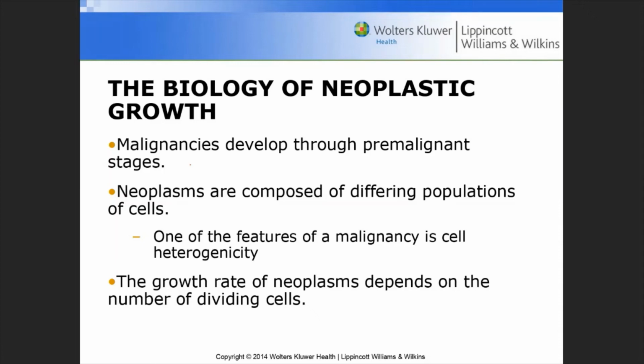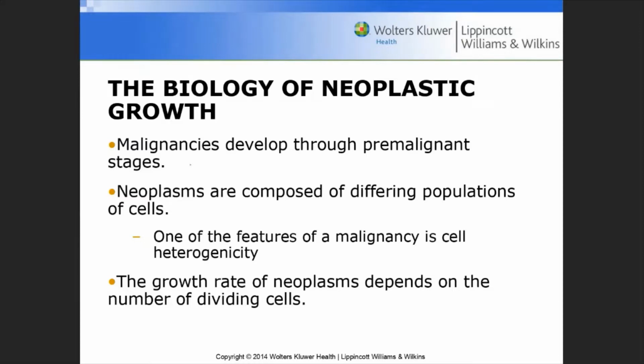To note, for example, you might have a lesion that becomes hyperplastic, which means more cell number, which becomes dysplastic, which is darker nucleus staining.